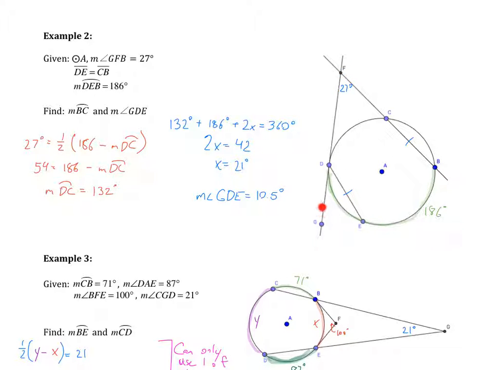If we look here, this is a tangent and a secant. So we're going to take this minus this, and that's going to equal 27 when you divide it by 2. So we set up the equation here, then we multiply it by 2, and then we get the measure of arc DC equals 132.